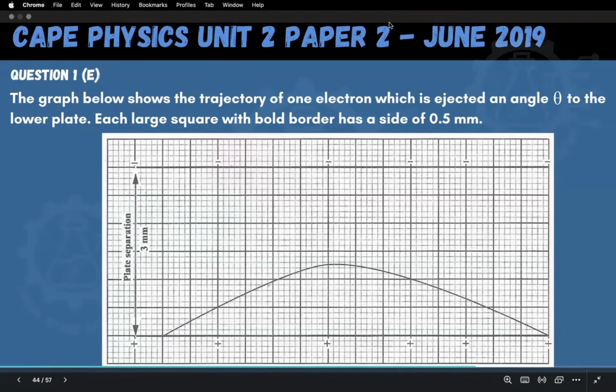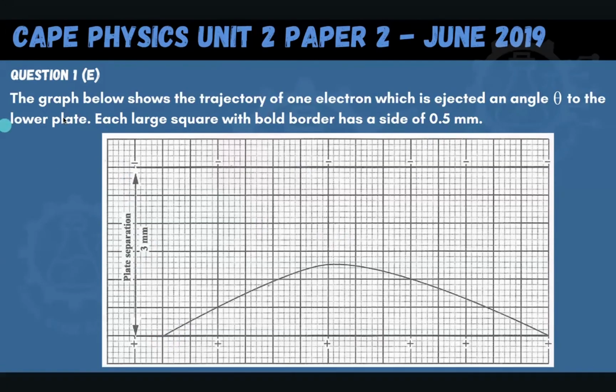It's coming out like this, shooting off at an angle theta to the lower plate. And they're saying that border there has a width of 0.5 millimeters, and also down here, 0.5 millimeters. So that's good information for us to have.